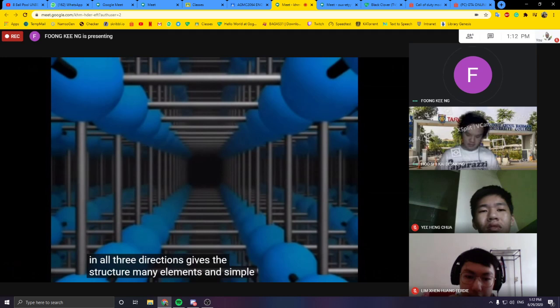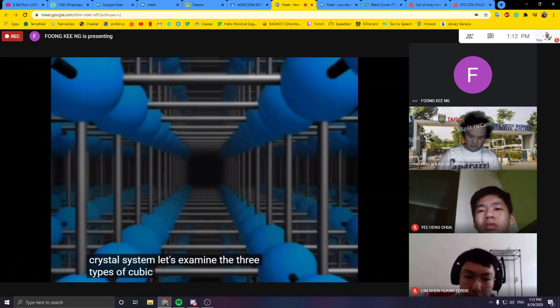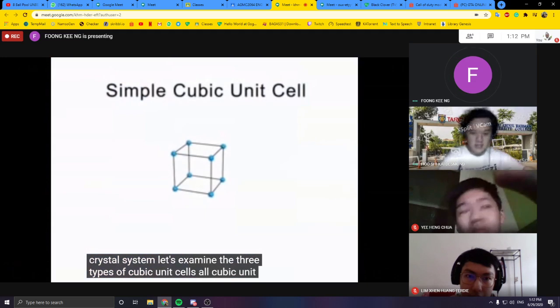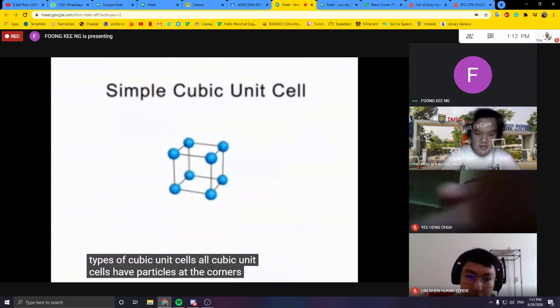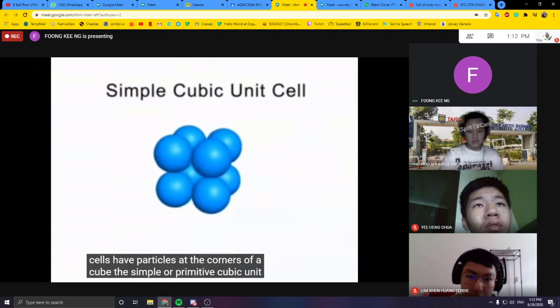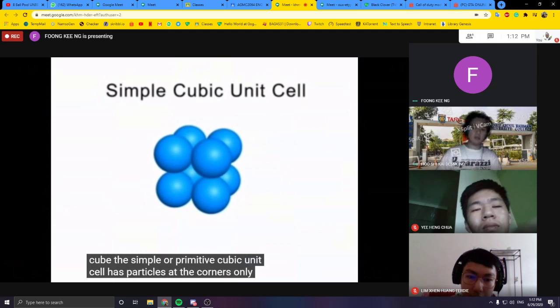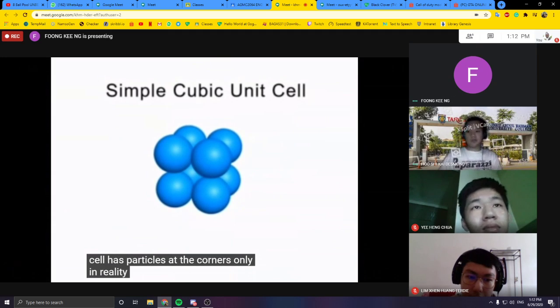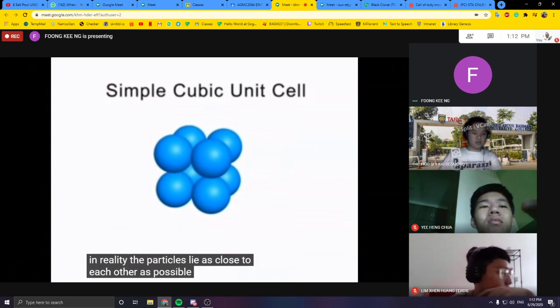Many elements and simple compounds have unit cells from the cubic crystal system. Let's examine the 3 types of cubic unit cells. All cubic unit cells have particles at the corners of a cube. The simple or primitive cubic unit cell has particles at the corners only. In reality, the particles lie as close to each other as possible.